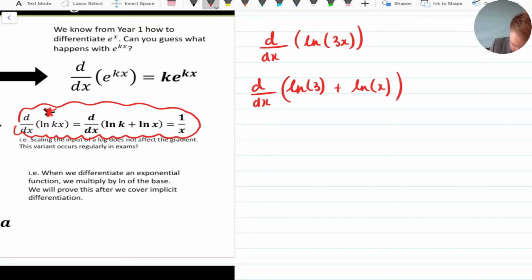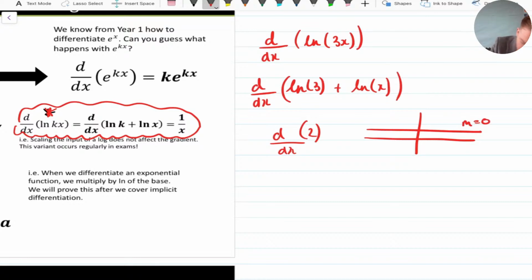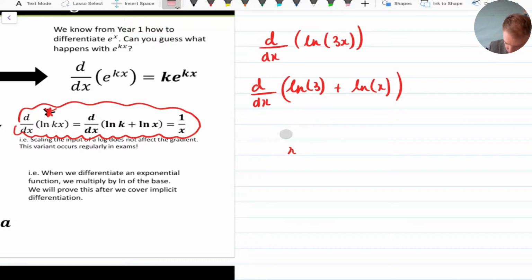If I was differentiating the number 2, well, that is just a flat line, isn't it? My gradient of that is equal to 0. If I'm differentiating a number, my gradient is 0. If I'm differentiating ln of 3, that is also equal to 0. So the only one I'm really differentiating is this ln x, which is equal to 1 over x.